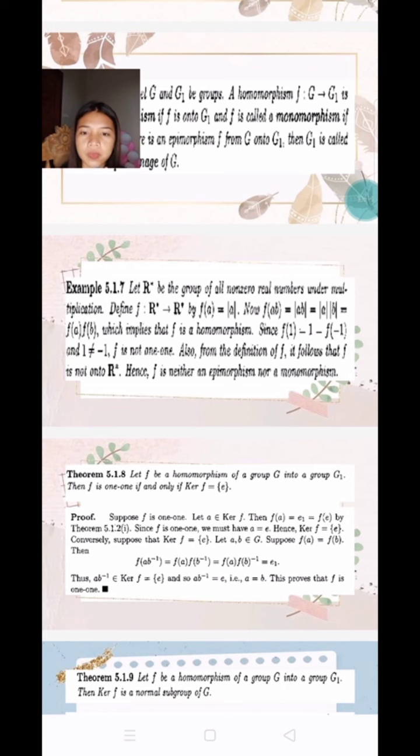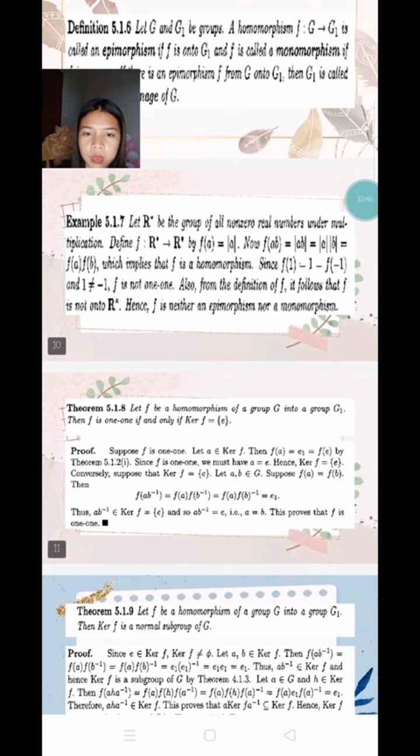Theorem 5.1.8. Let f be a homomorphism of a group G into a group G sub 1. Then f is 1-to-1 if and only if kernel of f is equal to {e}. Proof. Suppose f is 1-to-1. Let a be an element of kernel of f.